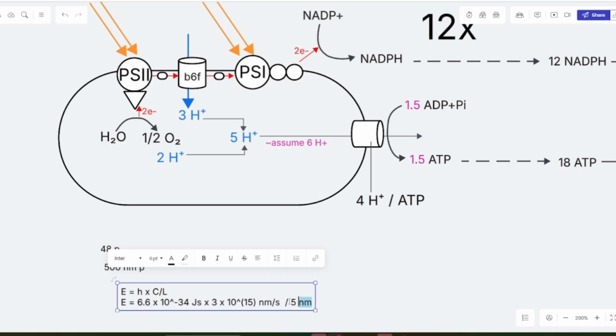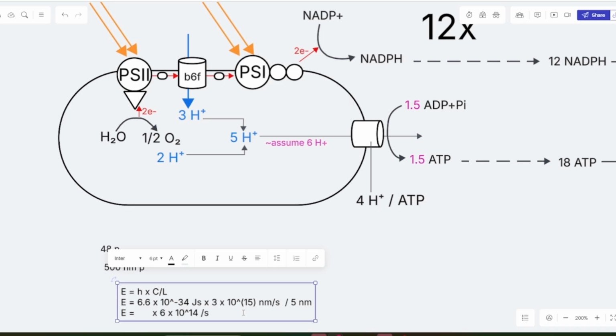So going to the next step, again, let's work on the frequency side first. So energy equals, I'll just leave the Planck's constant blank for now. So we have 3 over 5, that's 0.6, times 10 to the 15, but we can actually just make that 6 times 10 to the 14. And we cancel out the nanometers, we're left in per second, so that's a frequency now.